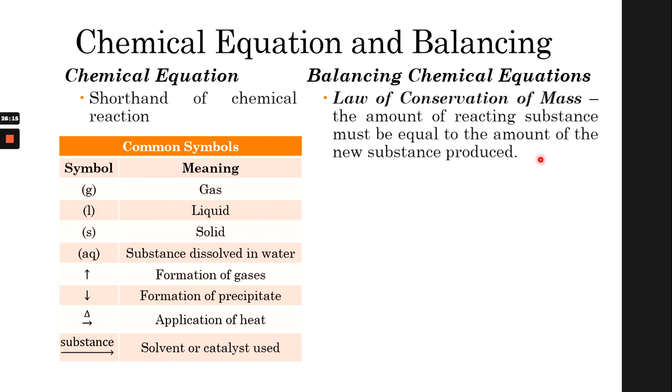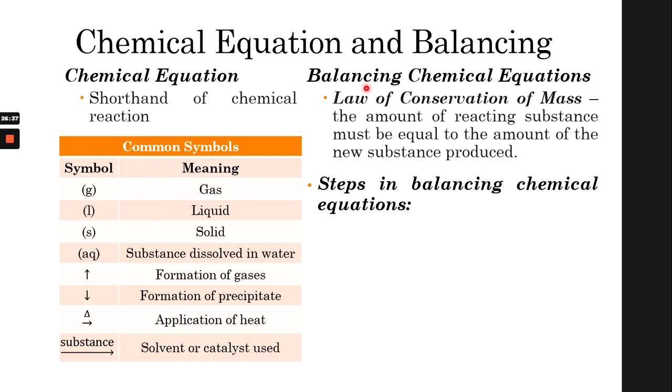What that means is that the mass of a substance does not just suddenly disappear. It should go somewhere. The same is true for a lot of the chemicals that we use, more specifically the number of atoms the chemical or an element has.